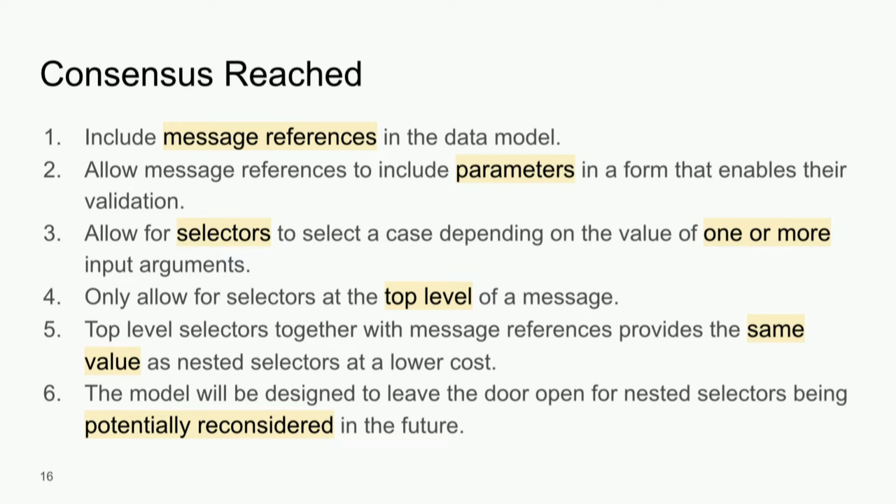But because we're allowing the selectors at the top level only, and allowing those selectors to depend on more than one input, we've reached an interesting question: how do you do a switch based on multiple values while allowing each of those values to have fallback values? And we have not been able to find prior art in the literature for this yet. There might be something, but it's challenging.